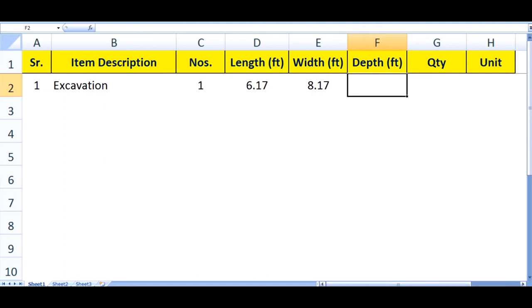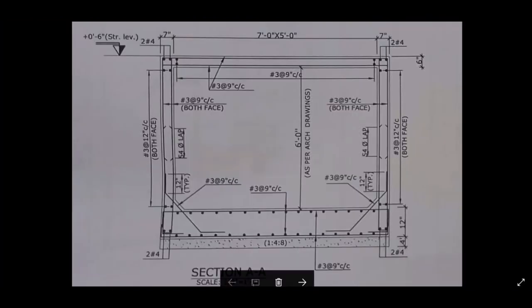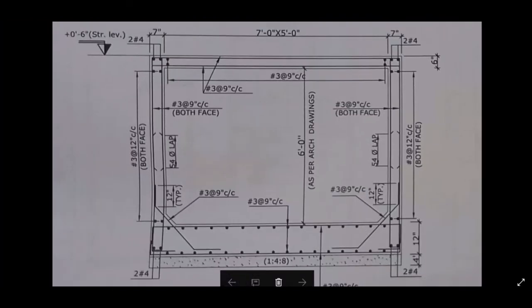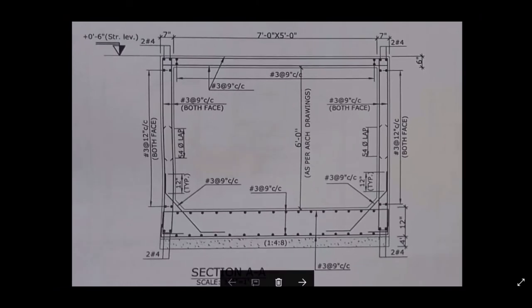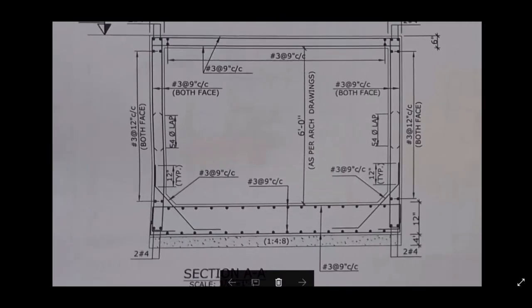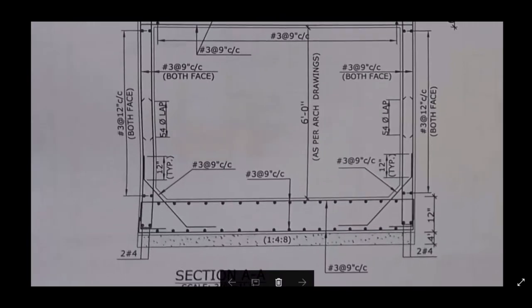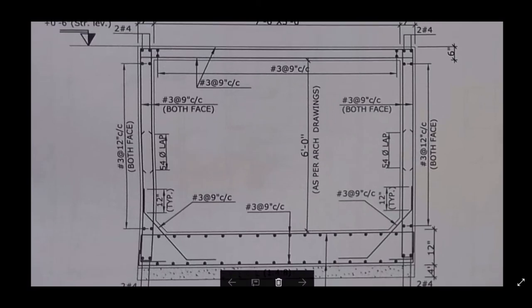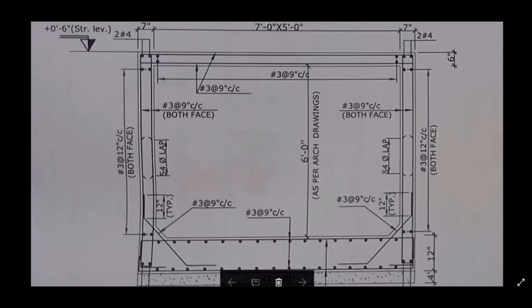Now for depth, if we see the cross section, the UG tank is below the natural ground, that's why we have to add all dimensions. Now we start from the bottom. There is a 4 inches thick lean concrete, 12 inches thick base slab and 6 feet clear height, and at the top there is a 6 inches thick top slab.